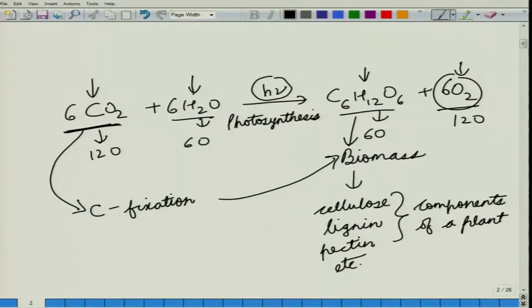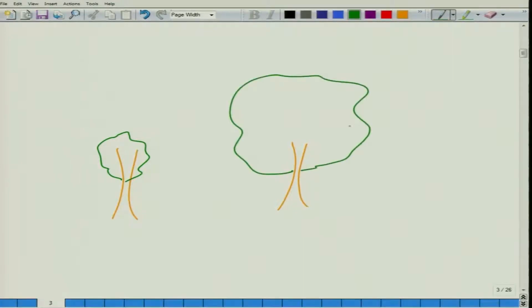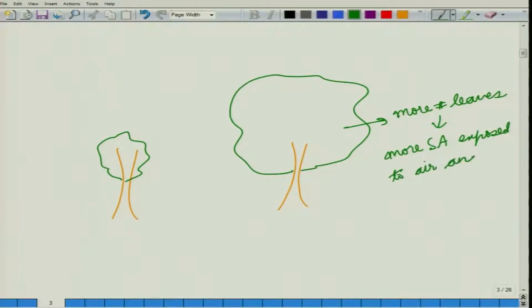Now, when we talk about vigor, we have seen that if we have a plant that has a small crown and we compare it with another plant maybe of the same size, but with a much bigger crown, this one will be able to, because it has more number of leaves or more surface area exposed to air and sunlight.